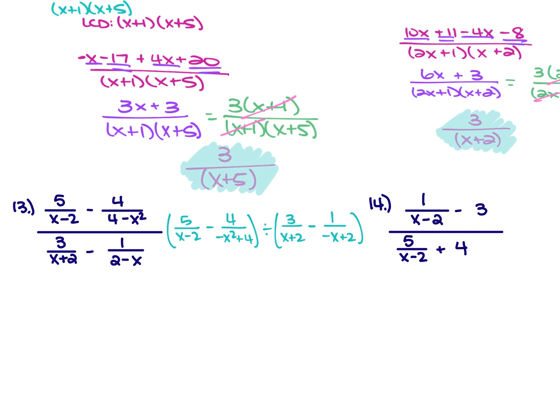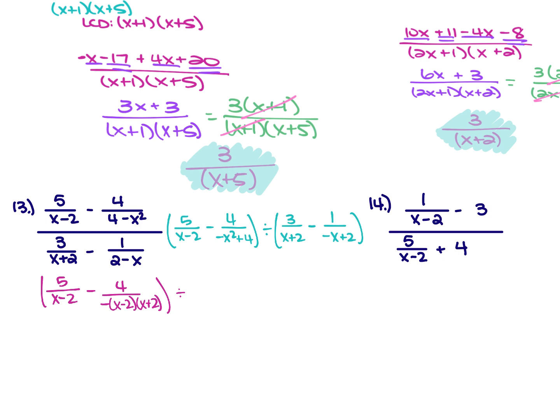Factor out the negative first. It becomes the opposite of x² − 4, which is a difference of squares. So that gives you 5/(x − 2) − 4 over the opposite of (x − 2)(x + 2). Again, we just factored out the negative, then factored the difference of squares.